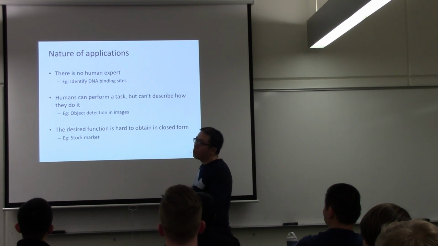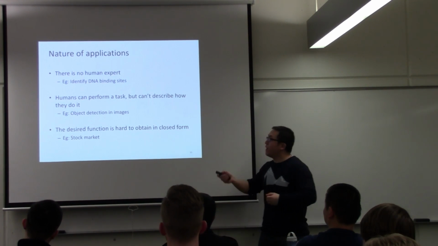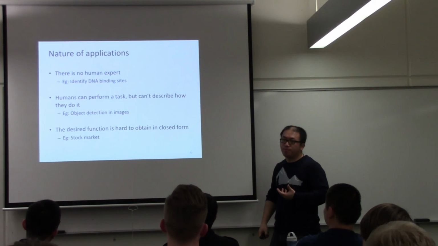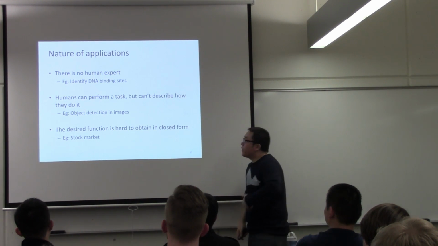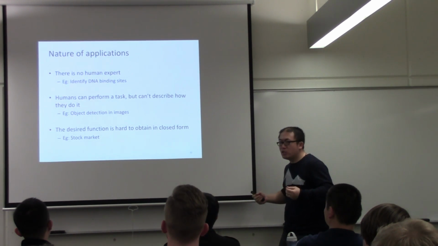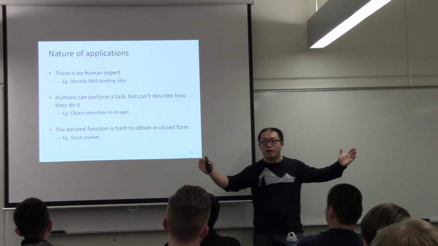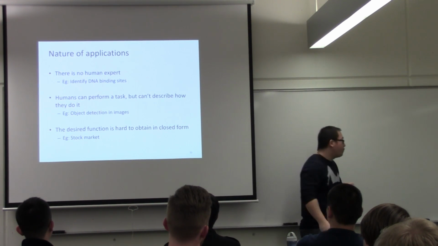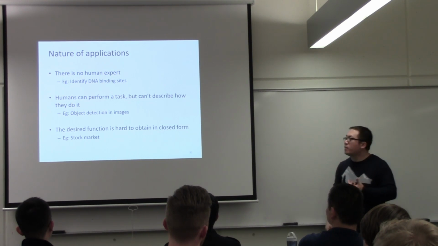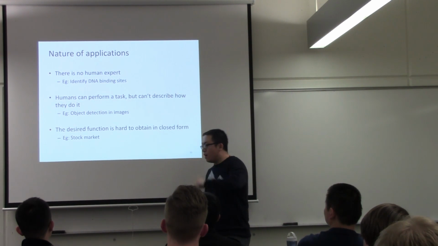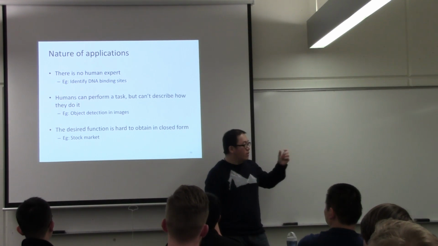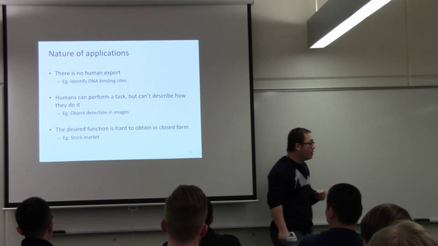First scenario where we can apply supervised learning is that there is no human expert. For example, the task of automatic identification of DNA binding sites. So DNA is a long sequence, right? The biologists have found that specific locations in DNA are easier to attract molecules.